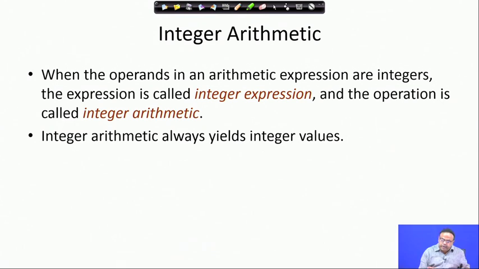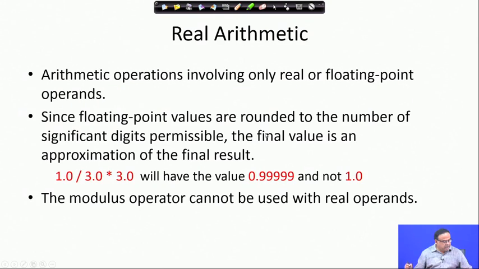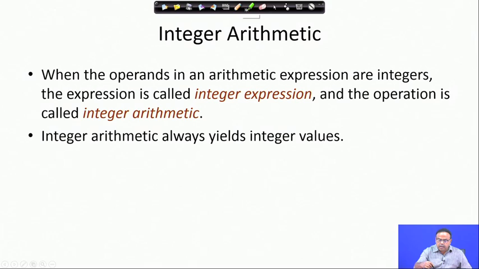Integer arithmetic always yields integer values. It will be clearer when we take some examples.